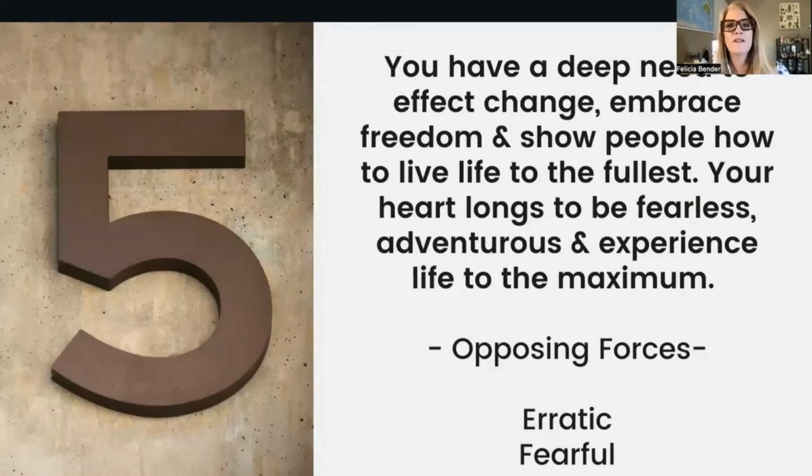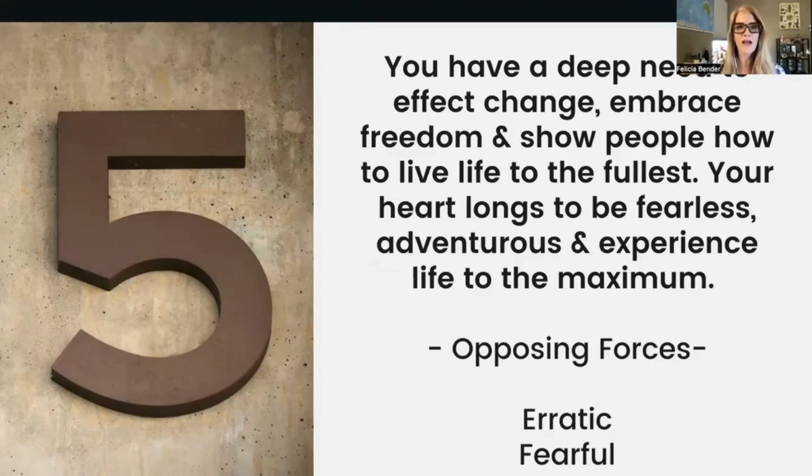5. So you, as a 5 with this soul urge, you do have a deep need to affect change, to embrace freedom on every level, and to show people how to live their life to the fullest. So your heart longs to be this fearless flyer, this adventurous being, and to experience life to the maximum.